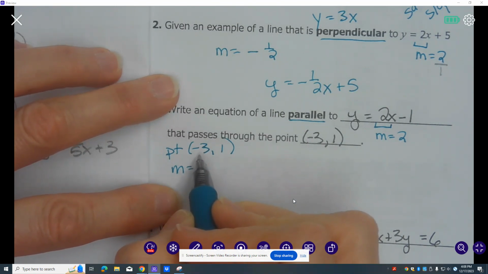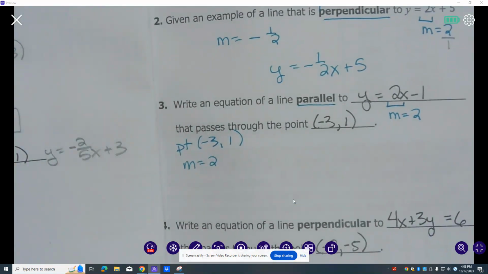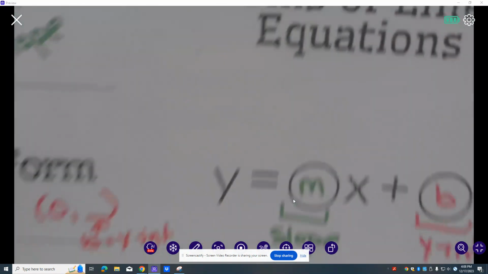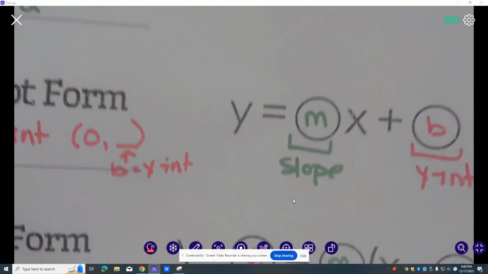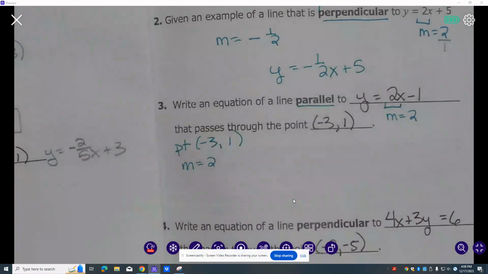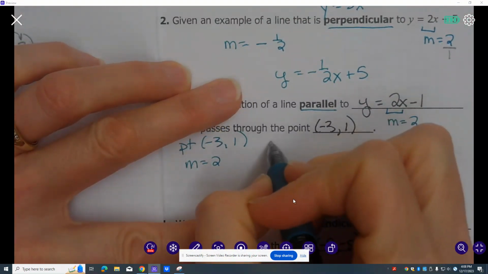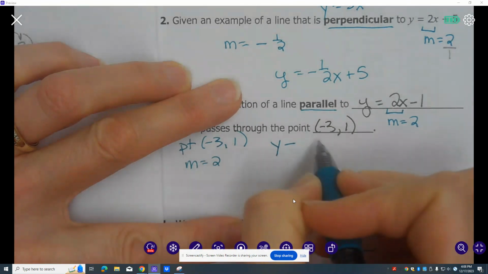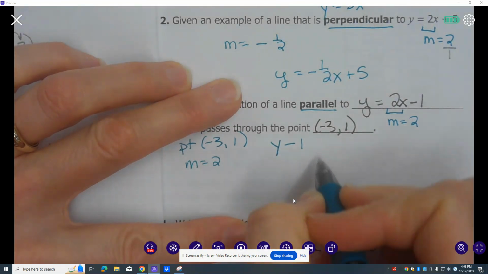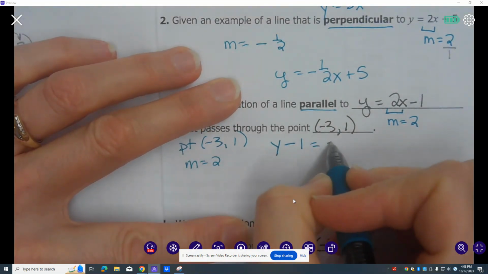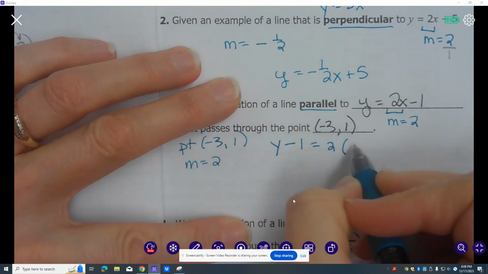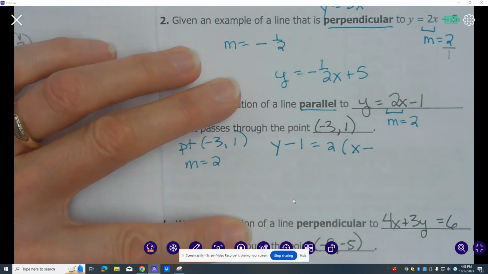Remember, for it to be a y-intercept, the x value has to be 0. So I cannot use slope-intercept form. I have to use point-slope. So I would have y minus 1, because my y value is 1, equals m x minus, and then my x is negative 3.